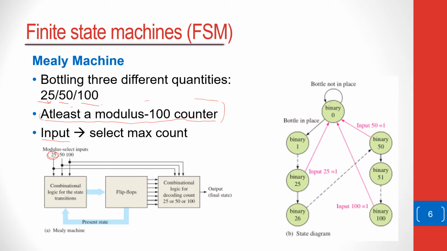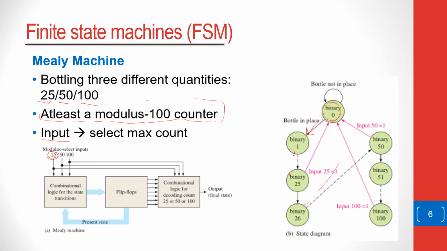So whenever it's waiting for a bottle, depending on the input that it receives, it will transition from one state to another. If it receives an input which says it's now bottling 25 pills, then it will go into this state, count from 1 all the way to 25, and then transition back.